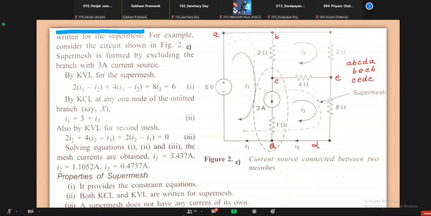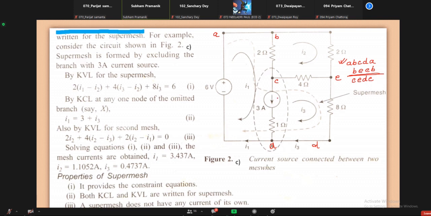Now see, among these three, only this one, the second one, does not contain any current source, so you can write the mesh equation for this mesh easily.